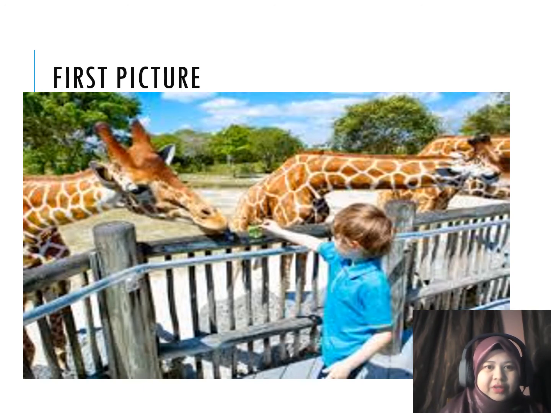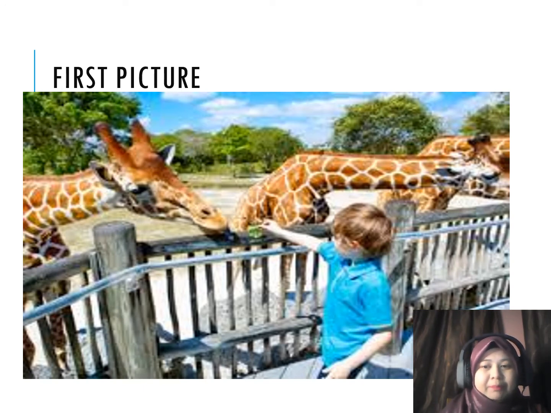As you can see, there is a boy here, the giraffe, and he is feeding the giraffe. So you have to create at least 3 sentences, 3 ayat menggunakan SVO. For example, the boy is a subject.